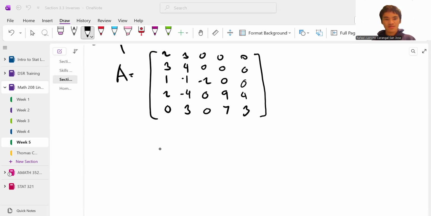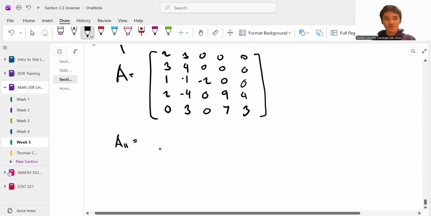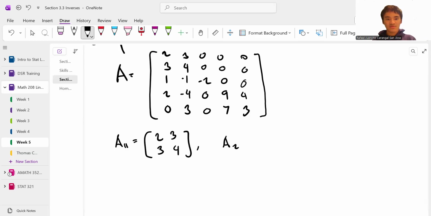We're going to say A11 is going to have the matrix 2, 3, 3, 4. We could write it like that. Let's look at A12. A12 is going to have the 0.